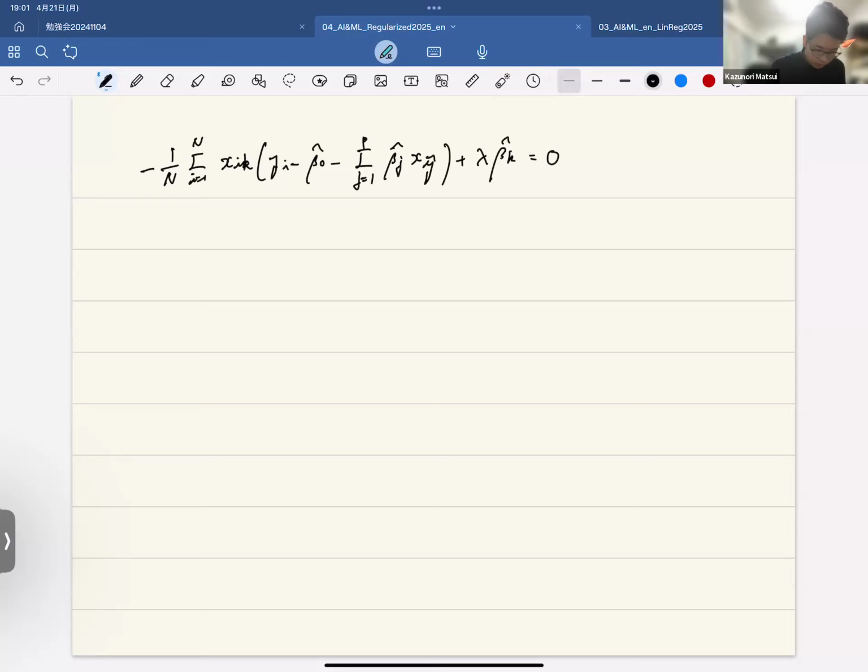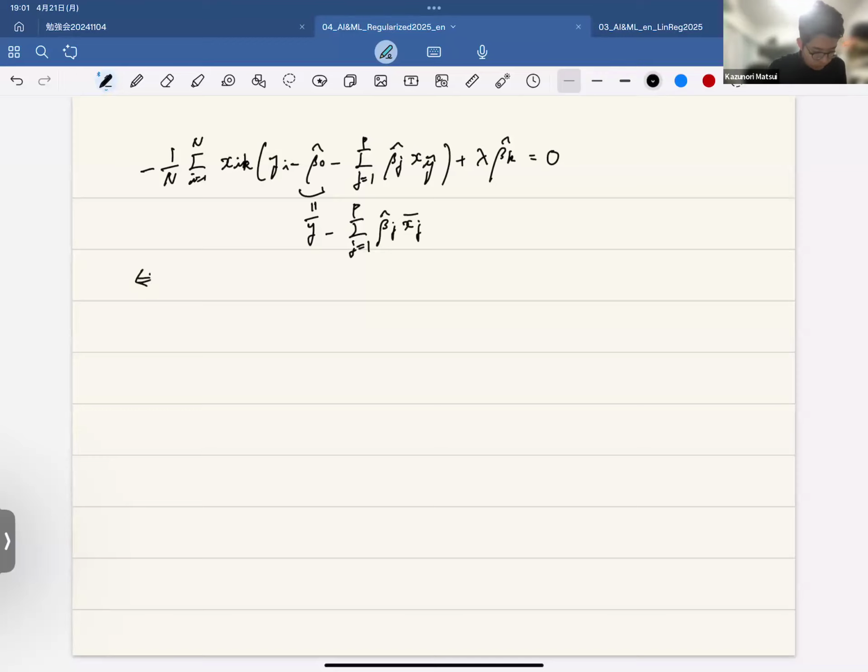Here, based on the relationship we found earlier, beta 0 hat can be written like this: y bar minus the sum over j of beta j hat x bar j.